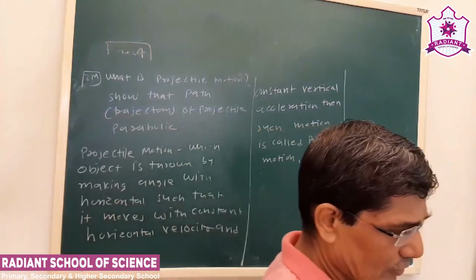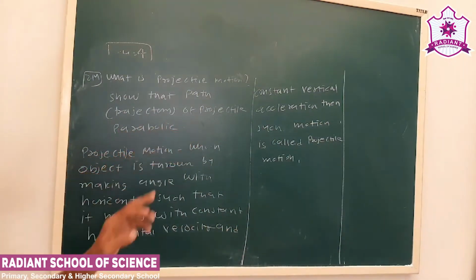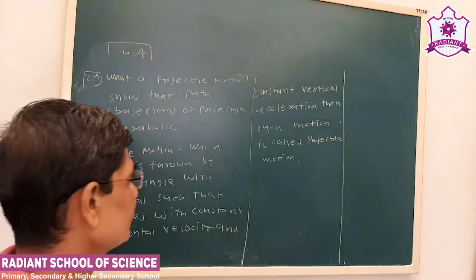So this is the definition of projectile motion. Now we have to show that the path of the projectile is parabolic.